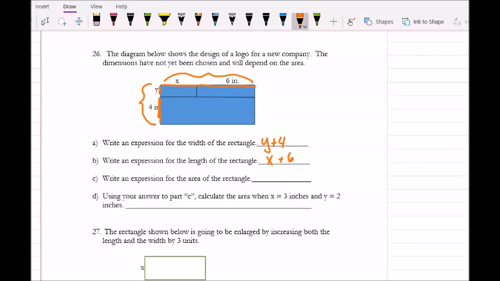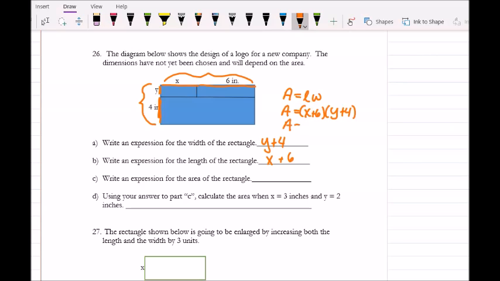Like we said earlier, area of a rectangle is length times width, and the length we just said is x plus 6, and the width is y plus 4. So we have to multiply those two together. Make sure you write those in parentheses because we're multiplying the whole binomial by the whole binomial. So very important to write that in parentheses.